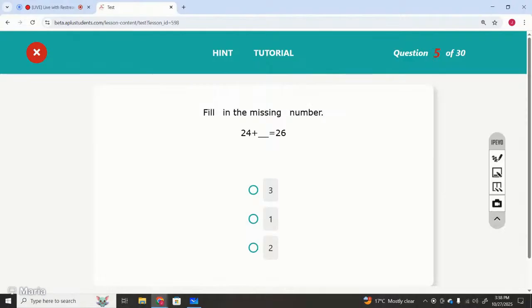Fill in the missing number. 24 plus missing number is 26. 24 plus 2 makes 26. Option number 3 is the correct option.